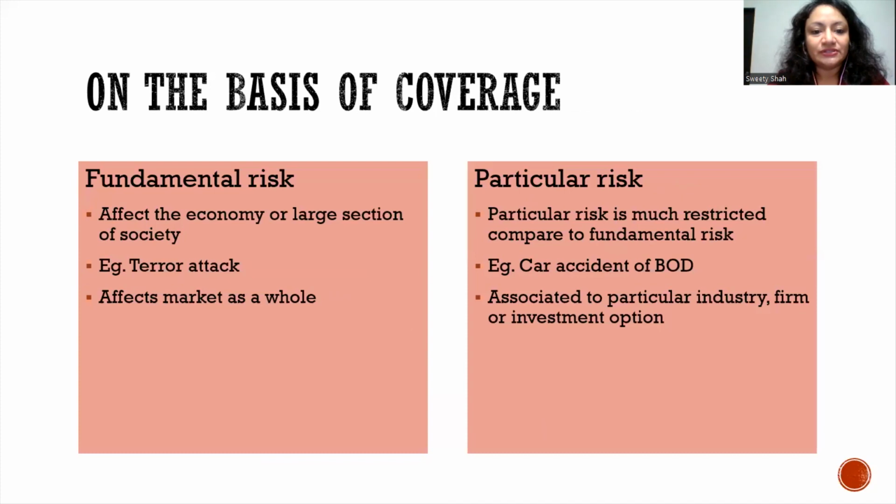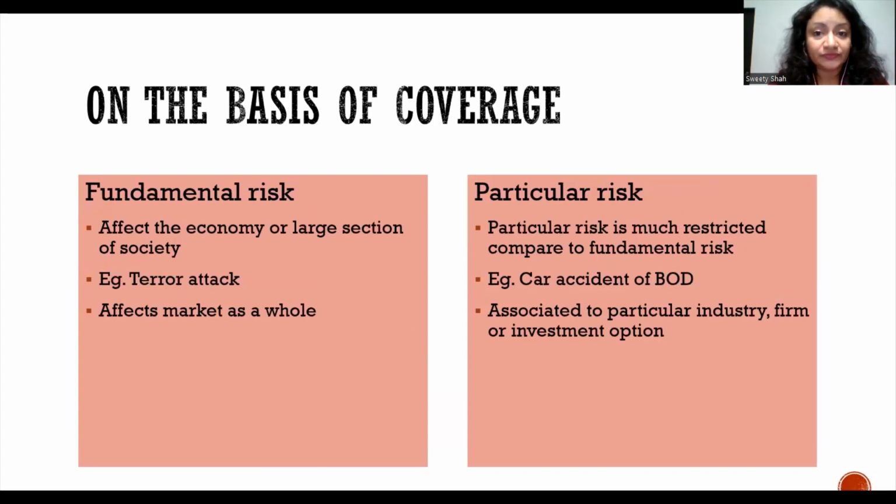Next category, which is based on the basis of coverage, where risk has been bifurcated between the fundamental and the particular risk. So fundamental risks are those risks which tend to affect a large number of society and sections of society, the entire economy, a large number of people rather than individuals.